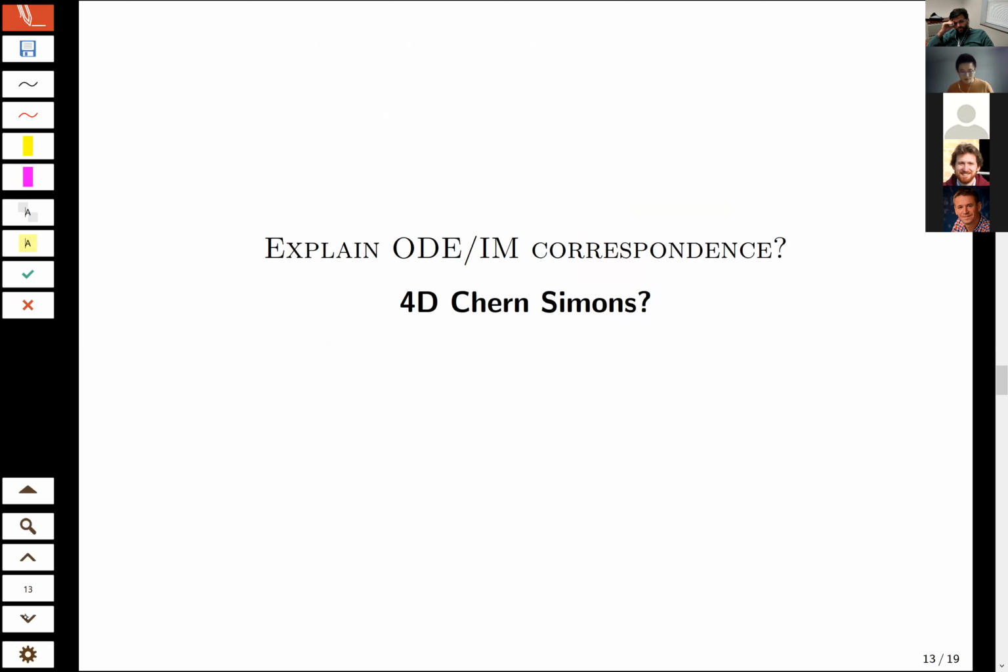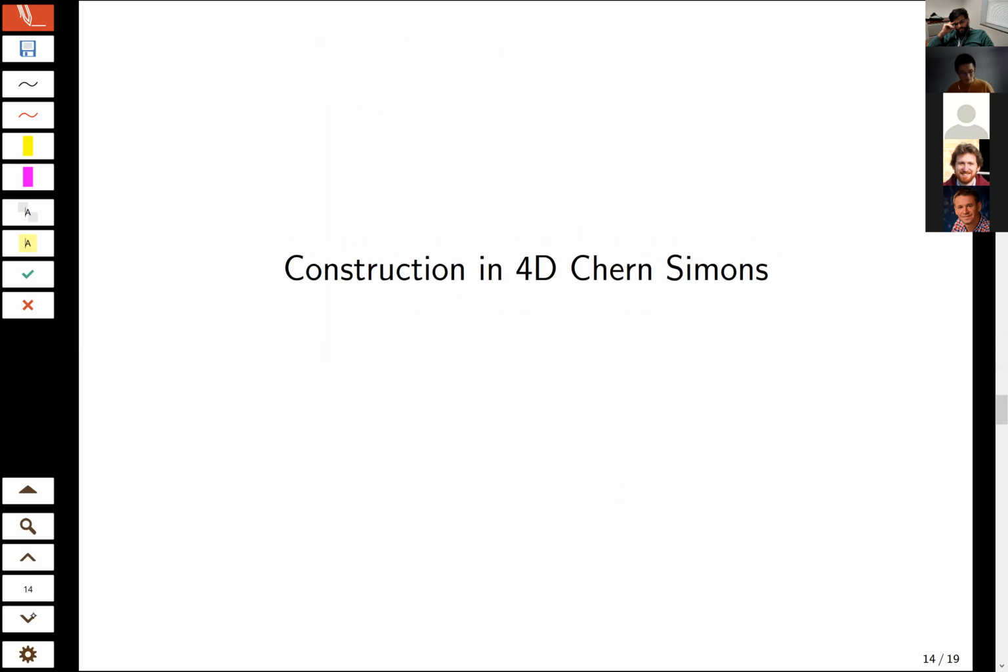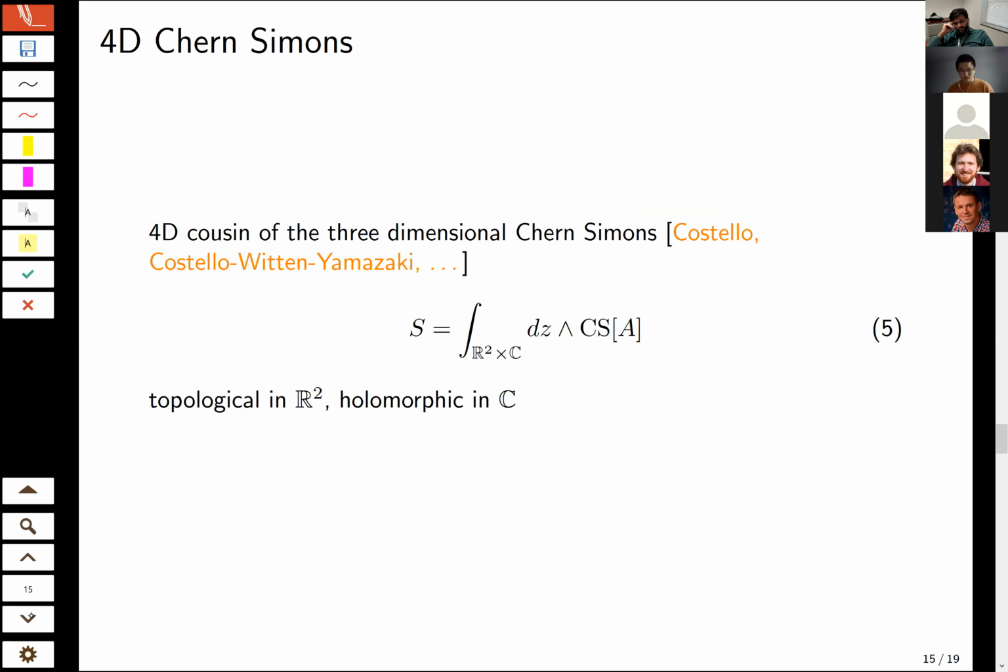Now let me return to the question of how we wrote down this ODE. That requires us to understand the physical meaning behind this correspondence. To answer this question, we use a recently proposed theory in 4D called 4D Chern-Simons. I guess it might not be very familiar to people, so let me quickly tell you what it is.